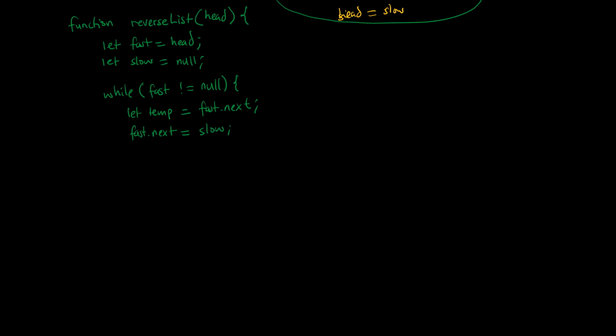And then now increment both pointers. Slow goes to where first is, and first goes to the next, which is first equals to temp. So both are incremented at the end.